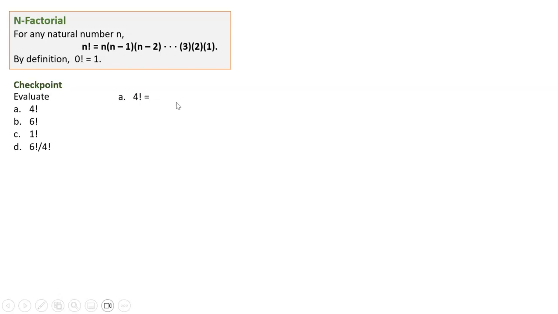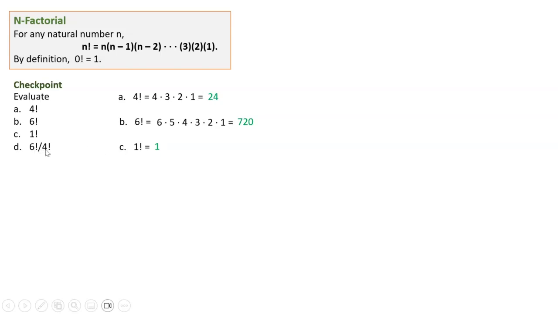For example, 4 factorial is the same thing as 4 times 3 times 2 times 1. You multiply them out and you get 24. Now B, 6 factorial is equal to 6 times 5 times 4 times 3 times 2 times 1. You multiply them out and you get 720. 1 factorial will just be 1.